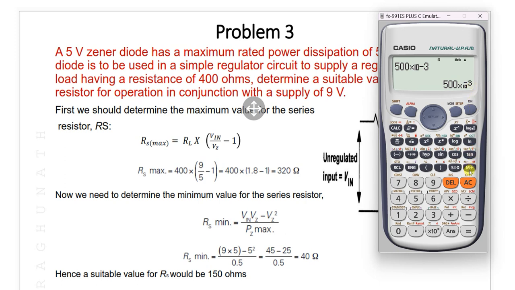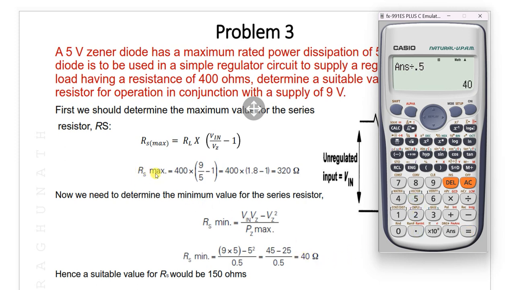Now RS minimum is Vin into VZ minus VZ square, divided by 0.5. Start with Vin is 9. 9 into 5 is 45, minus 5 square is 20, divided by 0.5. So it is 40 ohms.